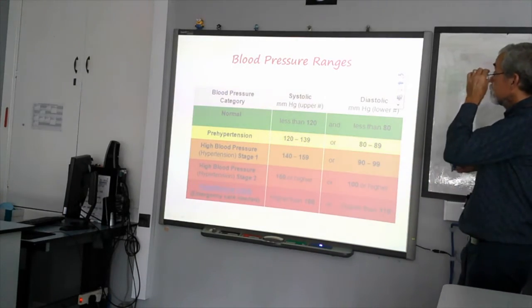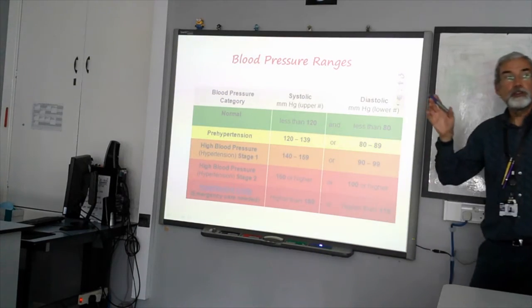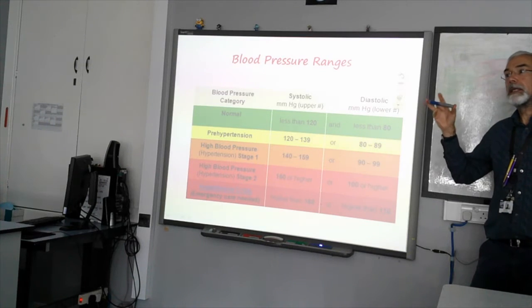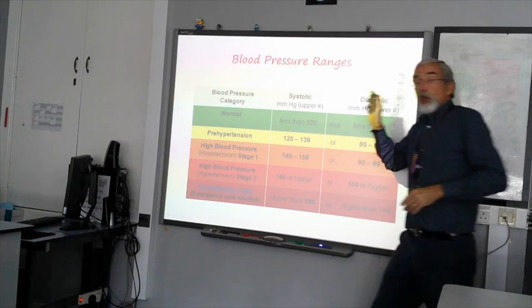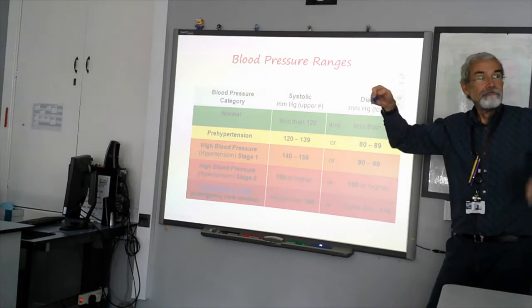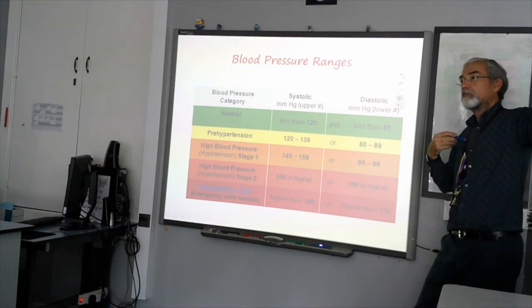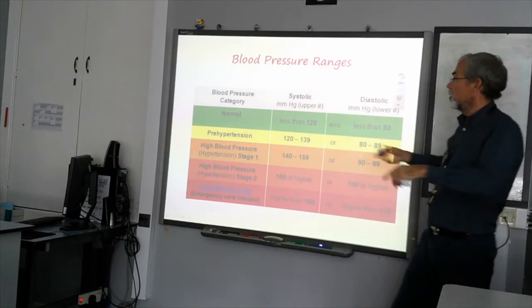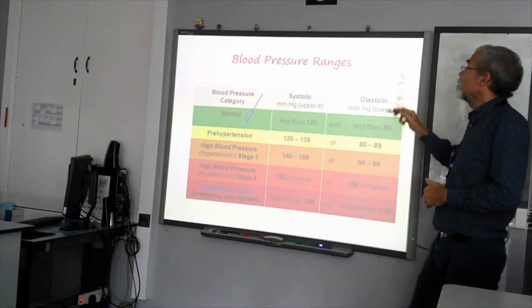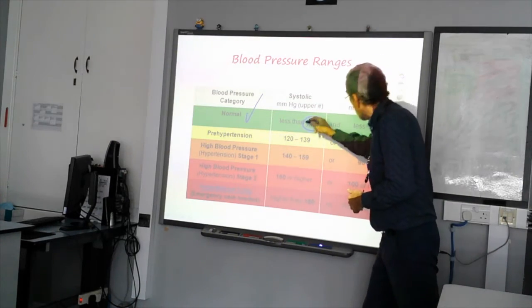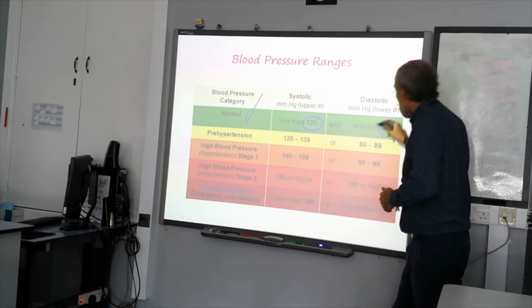Now, this is just the guide before people start going, geez, I am pre-hypertensive. Statistically speaking, your normal range is round about 120, and it's normally less than 80.